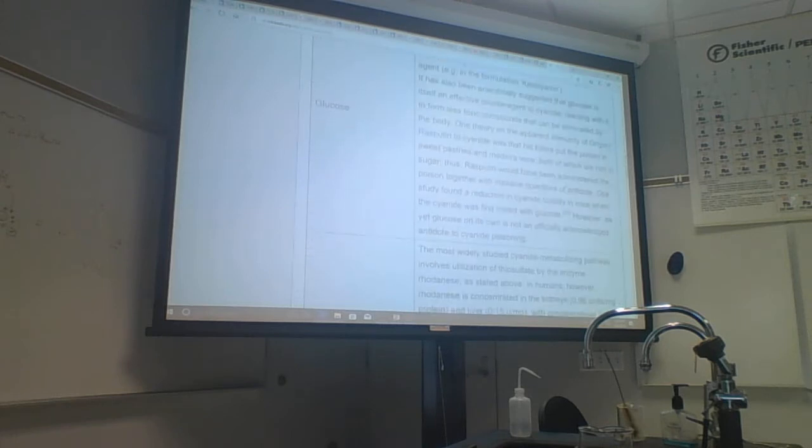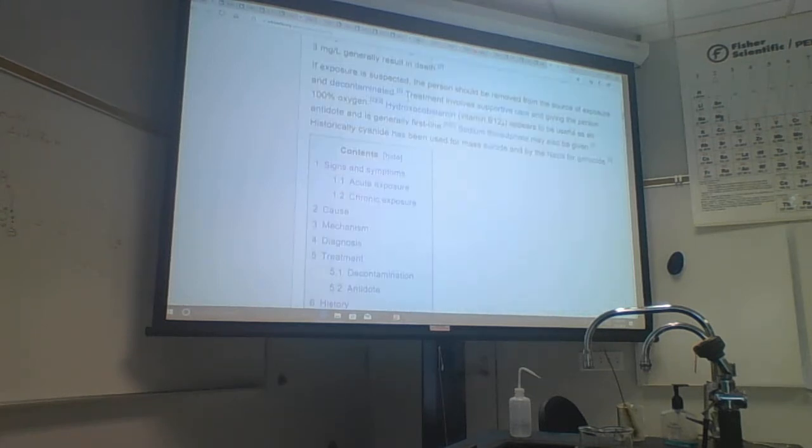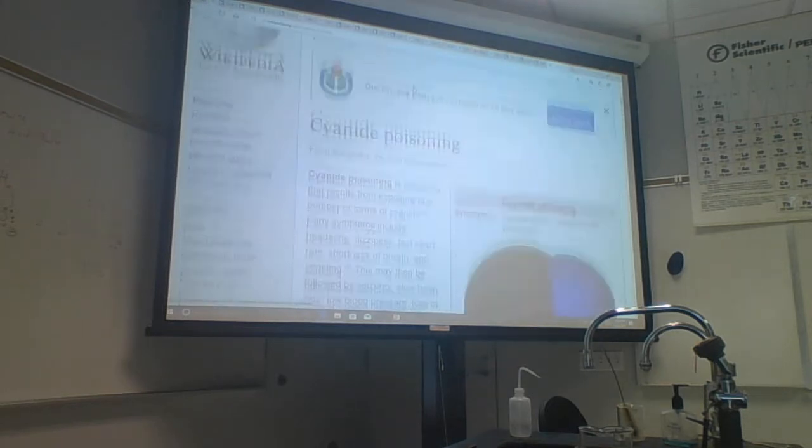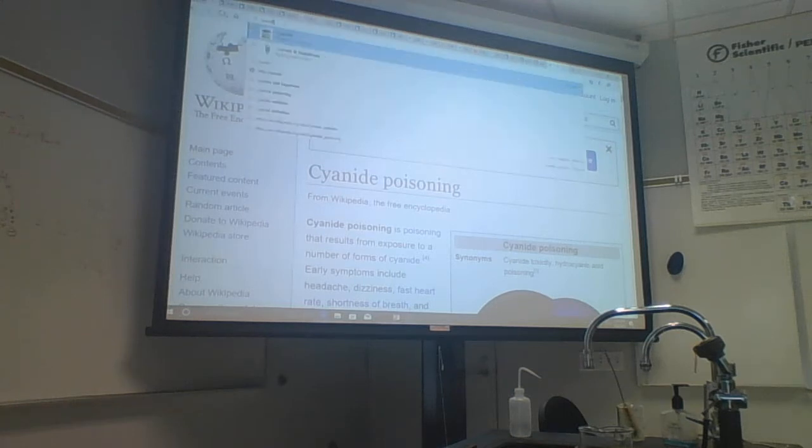Well, there's an antidote. What's the antidote? Amyl nitrate. Let's take a look at the mechanism. What we want to see is how does it work? So let's look at the cyanide.